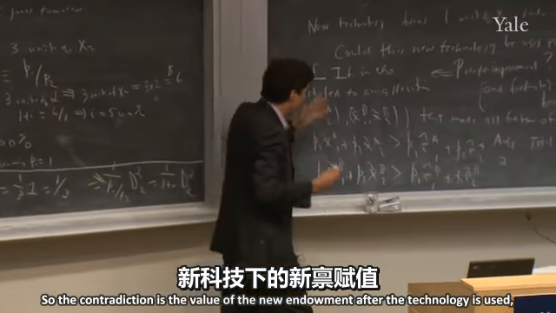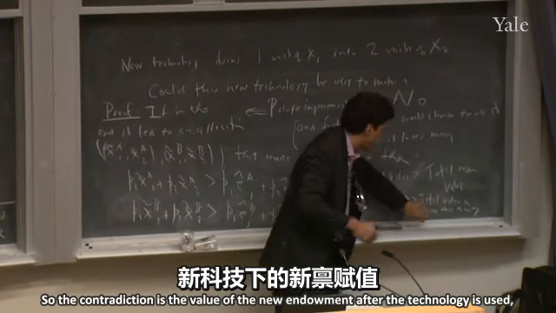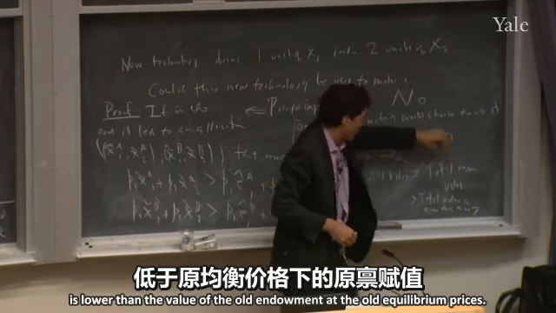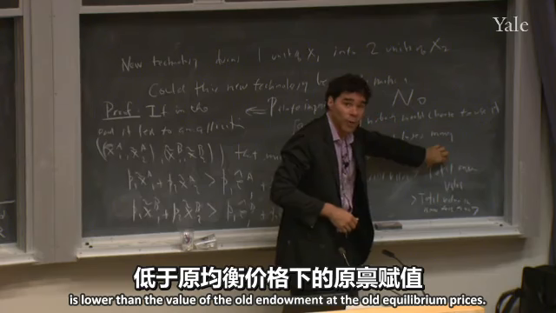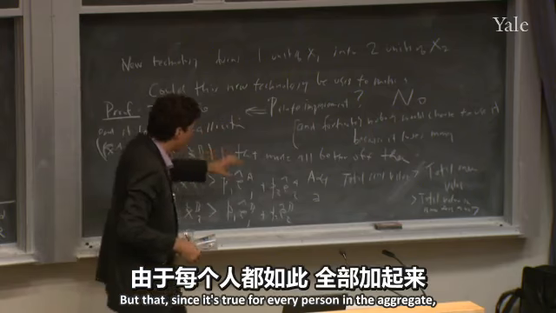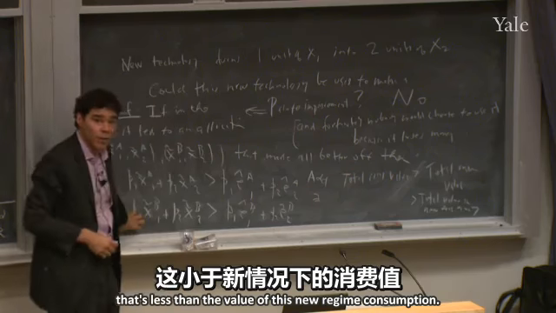Okay, so the contradiction is the value of the new endowment after the technology is used at the old equilibrium prices is lower than the value of the old endowment at the old equilibrium prices. But since it's true for every person, in the aggregate, that's less than the value of this new regime consumption.